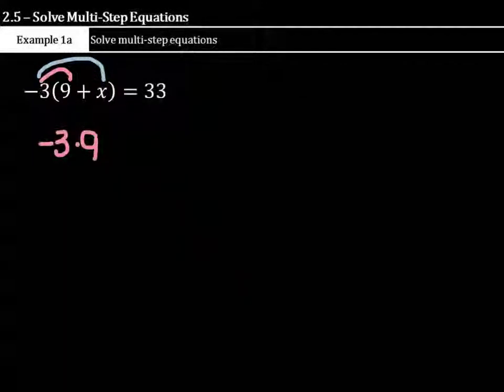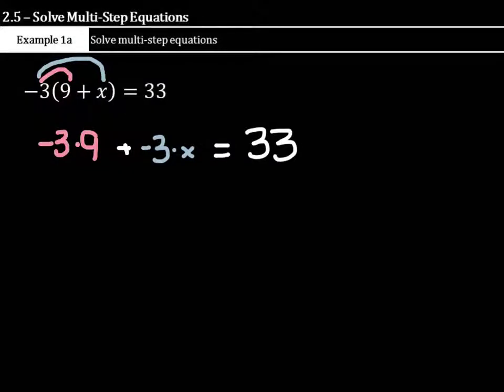So we have the negative 3 times the 9 plus the negative 3 times the x, and that's going to equal 33. Well, then ask yourself, negative 3 times 9 is a negative 27, plus negative 3 times x is negative 3x, and that's going to equal 33.